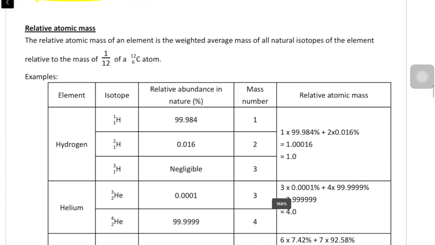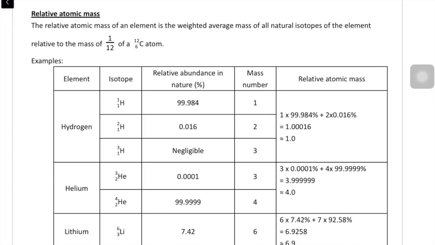So please be careful. Because the atom is so small and so light compared with our daily objects, we introduce the relative atomic mass, which is the weighted average mass of all isotopes. That means every isotope of the element should be included, as each contributes to the relative atomic mass.